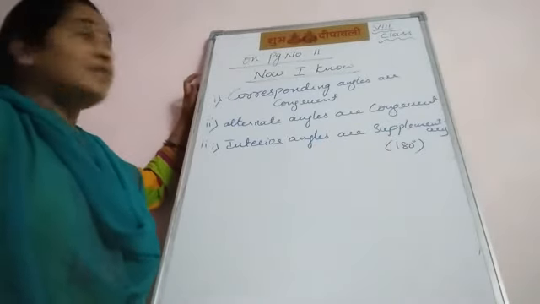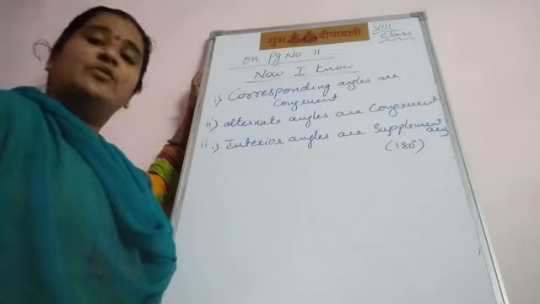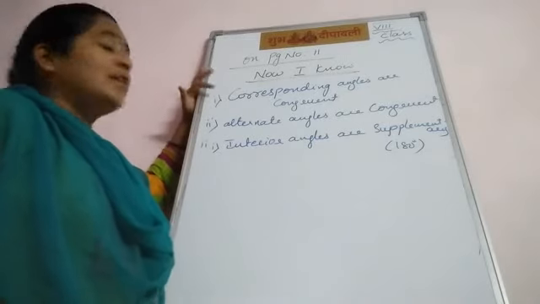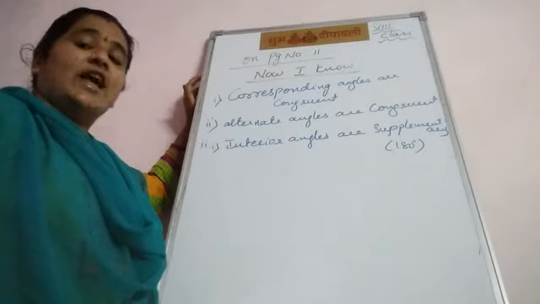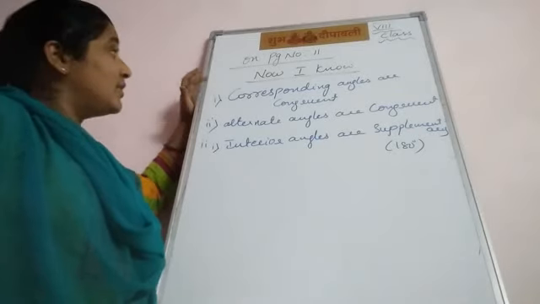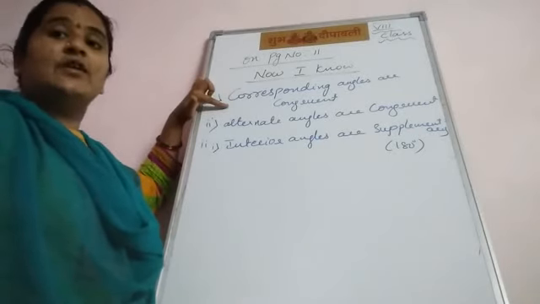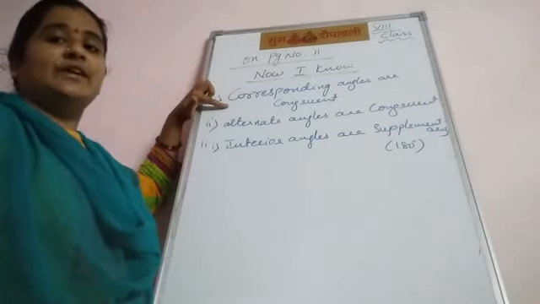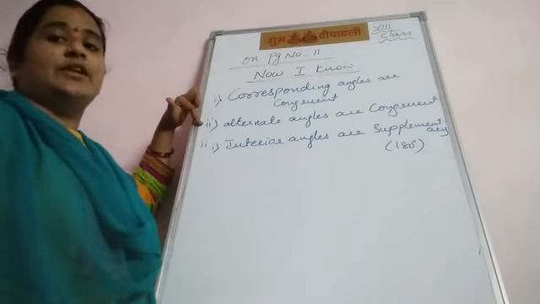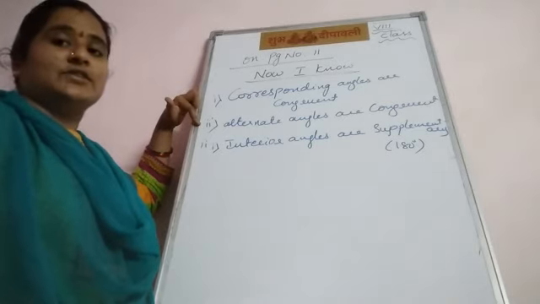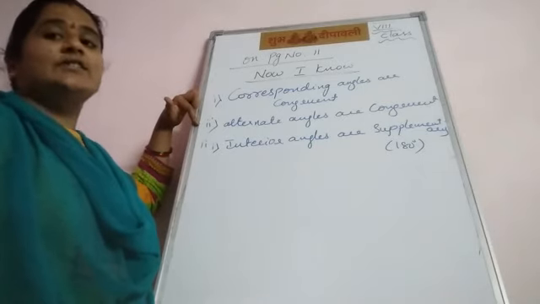Students, on page number 11, in the bracket it is there. When two parallel lines are intersected by a transversal, the angles forming a pair of corresponding angles are congruent. You will get the four pairs. And second one, alternate angles are congruent. Coming to the alternate angles, you have two cases. Alternate interior angles are congruent.